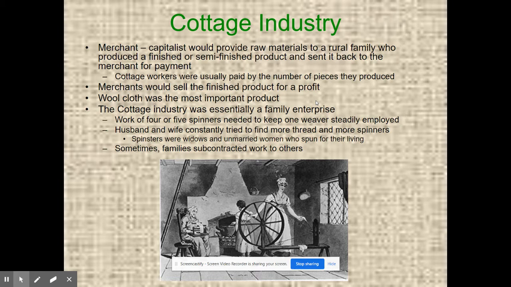Women who didn't have husbands could still earn enough money to survive, or could trade their labor, like if you needed your roof fixed or a new chair, you could trade your skill as a spinner. And so this was a way families in rural populations could support themselves.